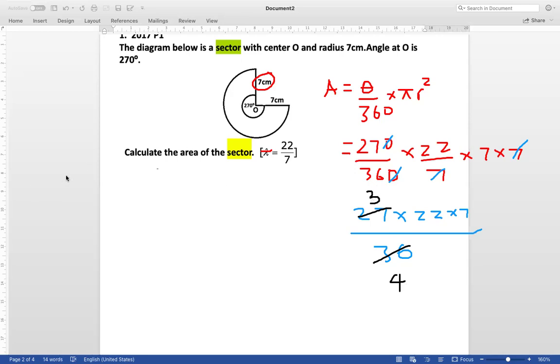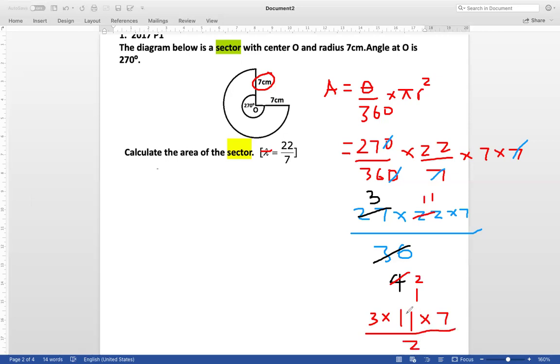And again here, I can use a different color: 2 into 22 gives 11, and 2 into 4 is 2. So at the end, I'm going to have 3 times 11 times 7, then divided by 2.